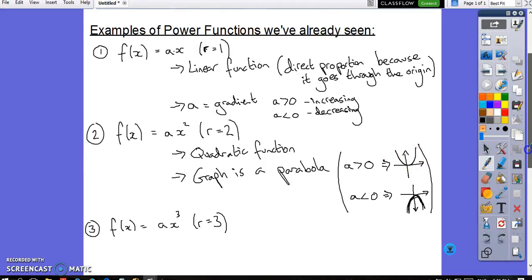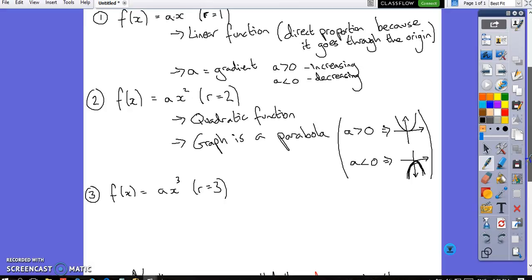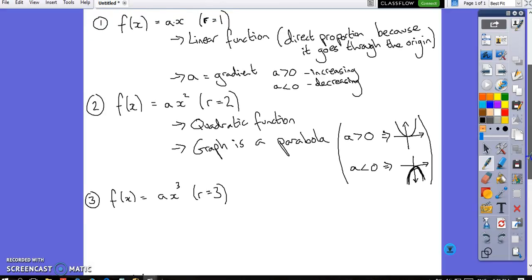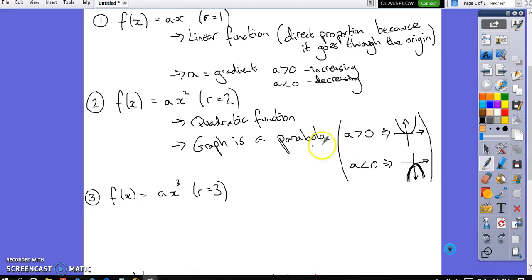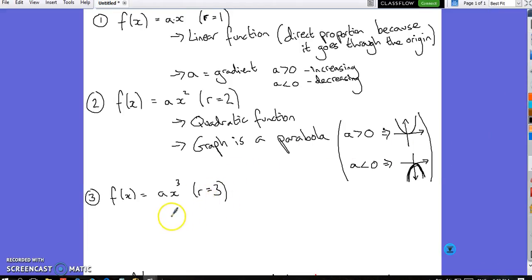Our third example is one we haven't looked at so much, certainly not in as much detail as linear functions or quadratic functions. And actually this is where we start to generalize things a bit more.